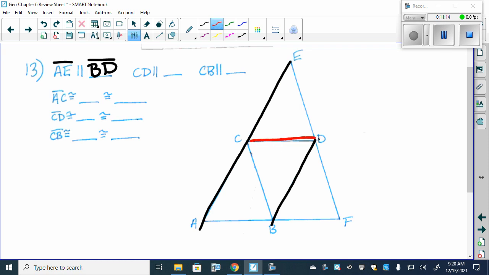CD would be parallel to AF, because we want the whole length. And lastly, CB would be parallel to EF.